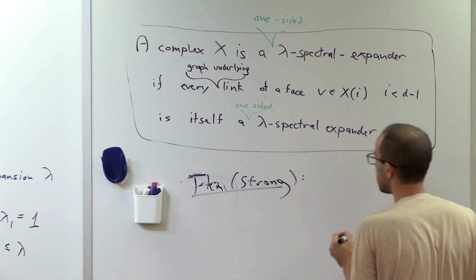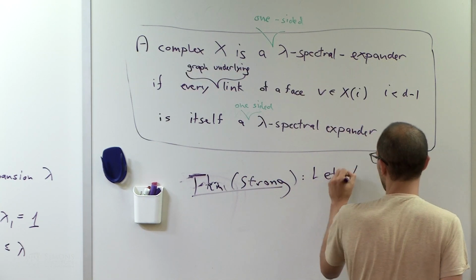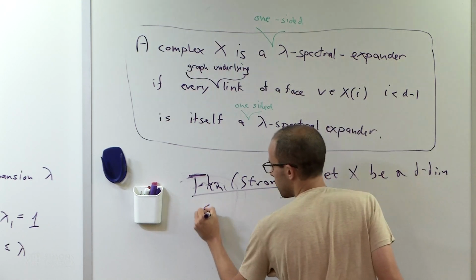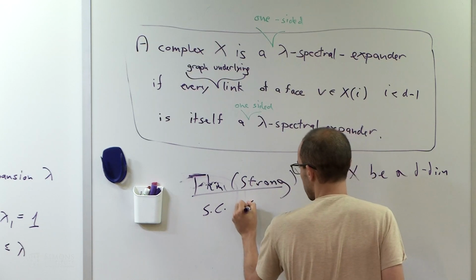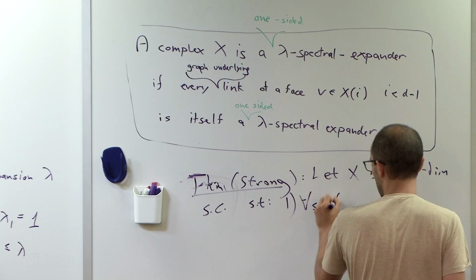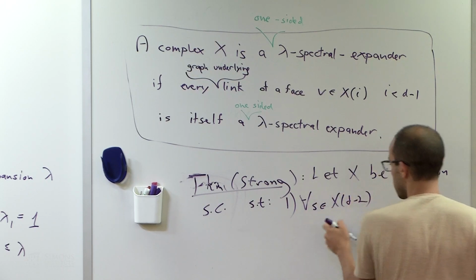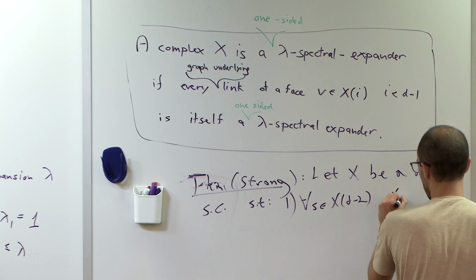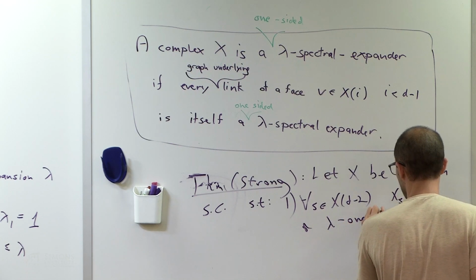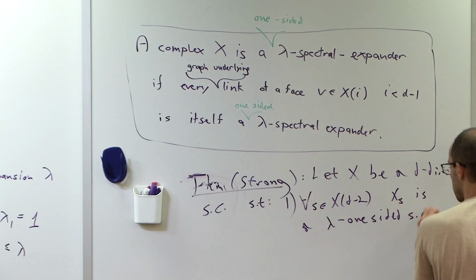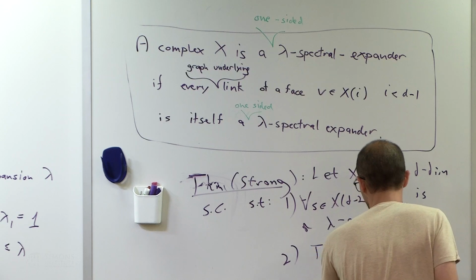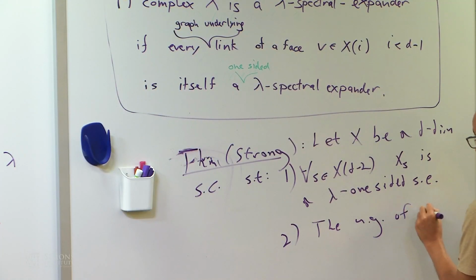So our stronger version is: let X be a d-dimensional simplicial complex such that, one, for all faces S of codimension 2, X_S is a lambda one-sided spectral expander, and two, the underlying graph of every link is connected.